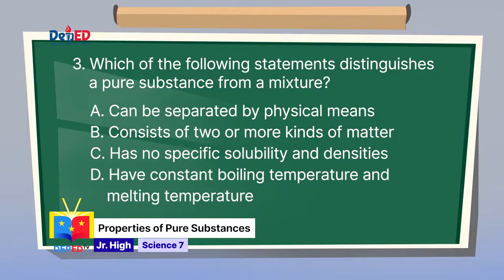D. Have constant boiling temperature and melting temperature. Among the choices, the statement that describes a pure substance is letter D. Pure substances have constant boiling temperature and melting temperature.